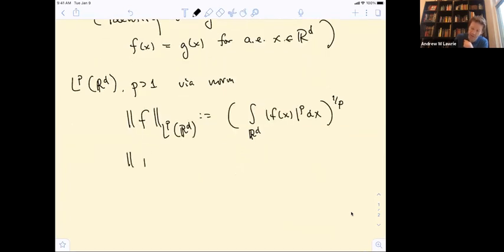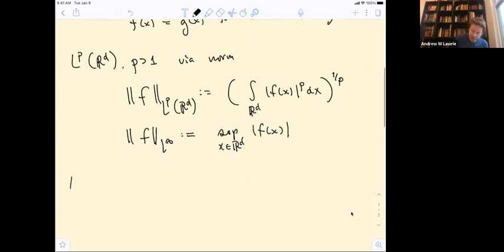And then if p equals infinity, you just take the sup norm. So this is the range of L^p norms.